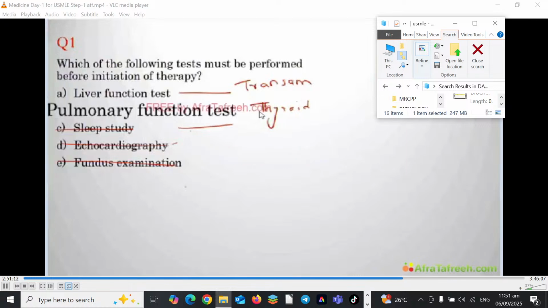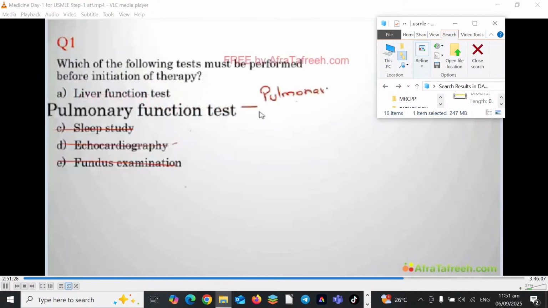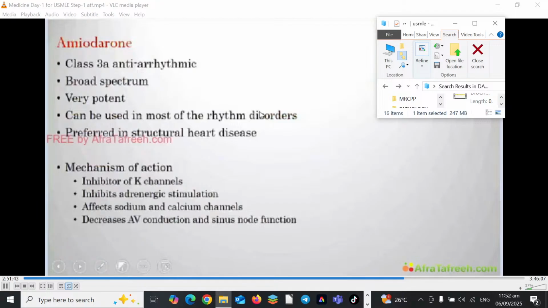So pulmonary function testing is important because amiodarone results in chronic interstitial pulmonitis, resulting in pulmonary fibrosis, and you want to monitor that these patients are not developing pulmonary fibrosis. That is why you first do a pulmonary function test.